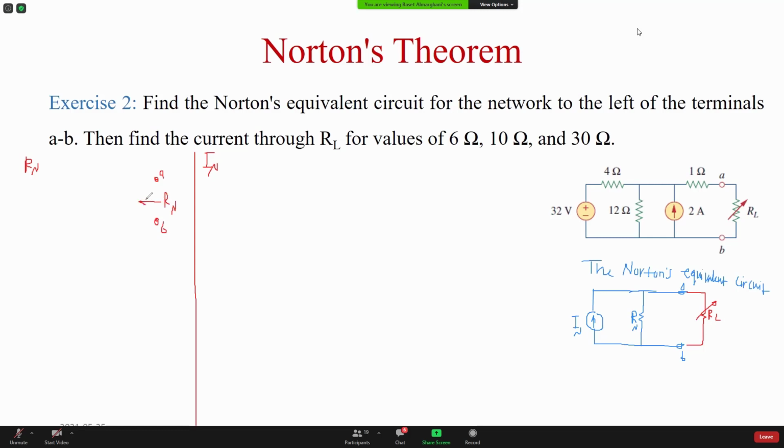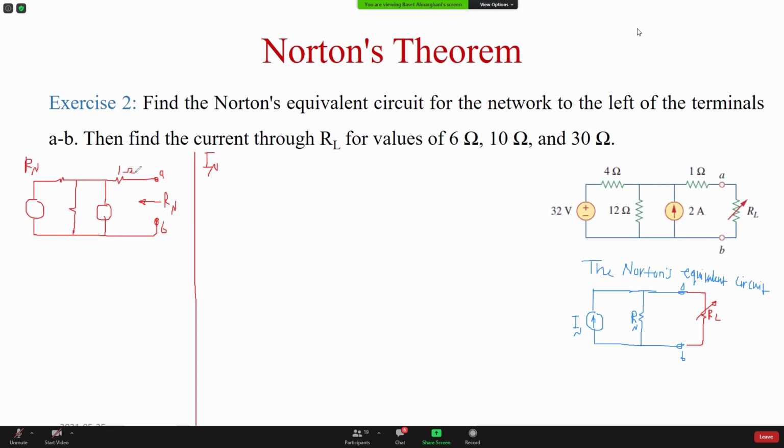Looking into the circuit, I have the 1 ohm, then the 4 ohm, I have the source, then I have the 12 ohm, and I have the other source. Then this all together comes to this point.